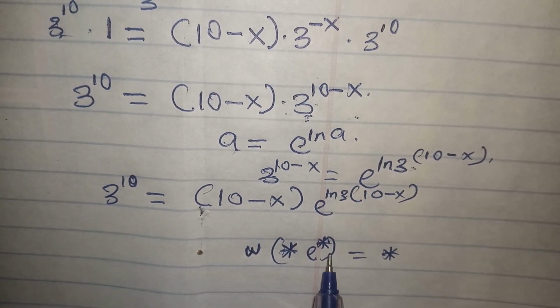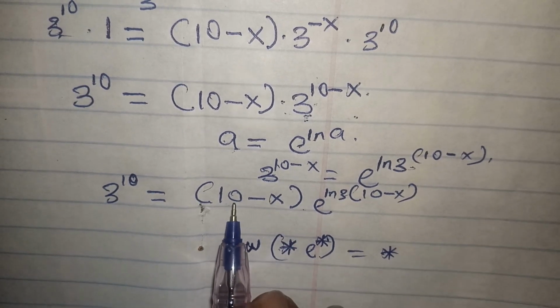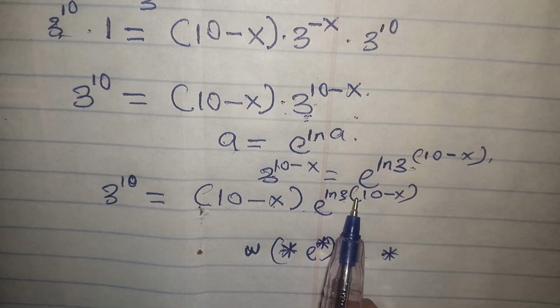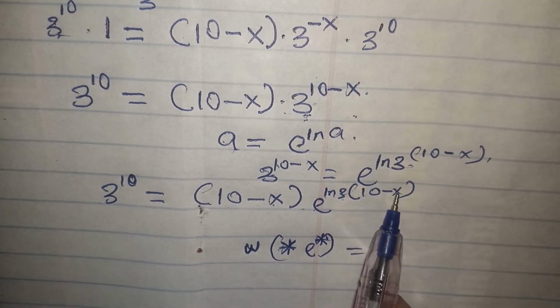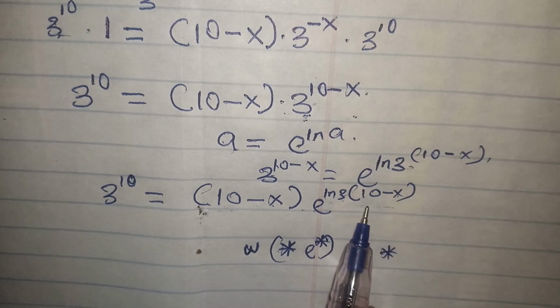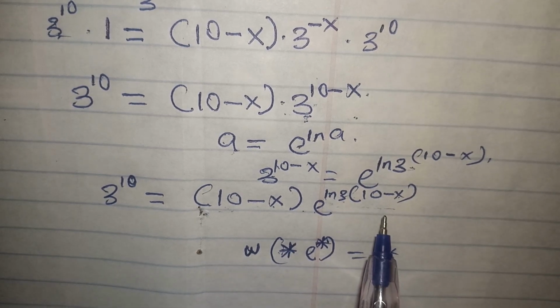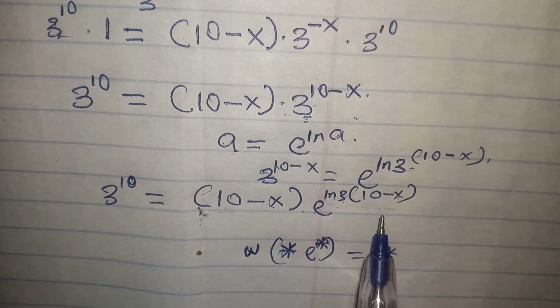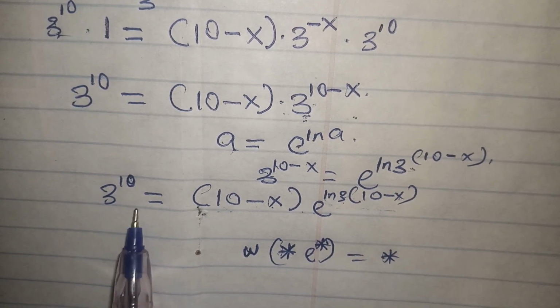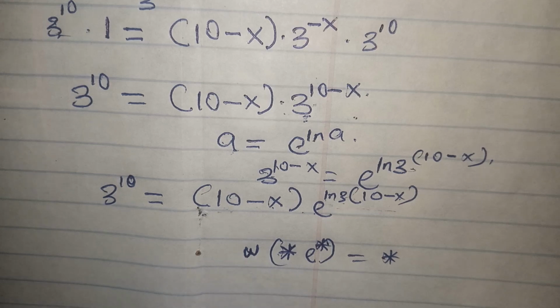So if we should put the Lambert W function here, we have 10 minus x exponent ln 3 to the power 10 minus x. You can see that this base is not yet equal to this power number. So what are we simply going to do to make it similar? The easier thing we can do is multiply both sides of the equation by the natural log of 3, which is ln 3.